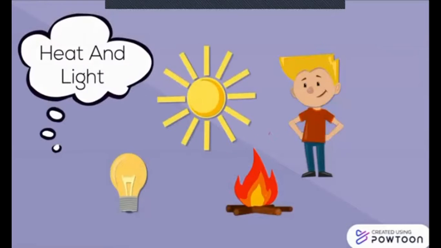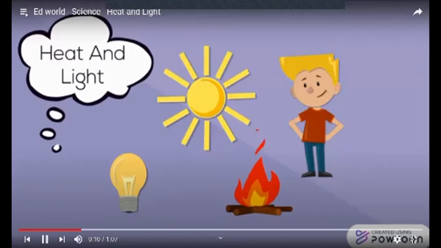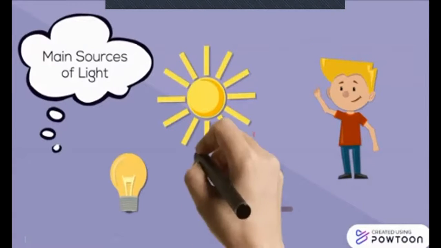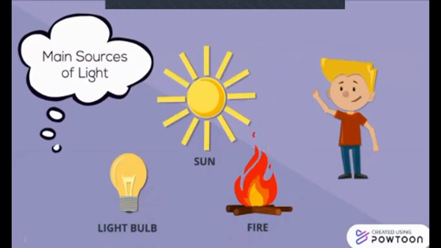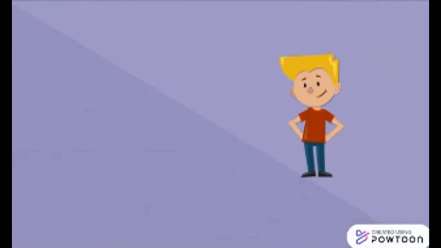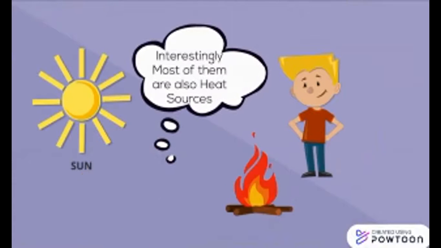Heat and light. Let's learn. Main sources of light are sun, light bulb, and fire. Interestingly, most of them are also heat sources. Sun and fire mainly.